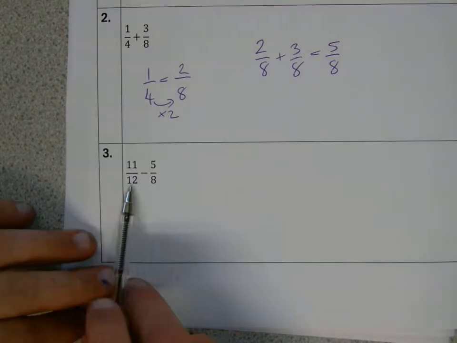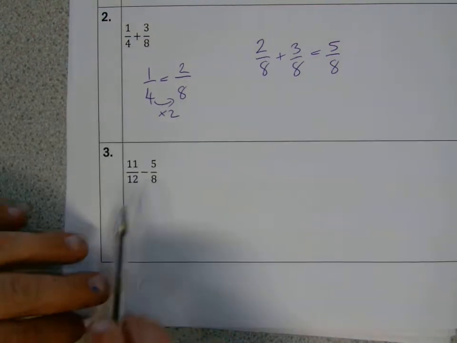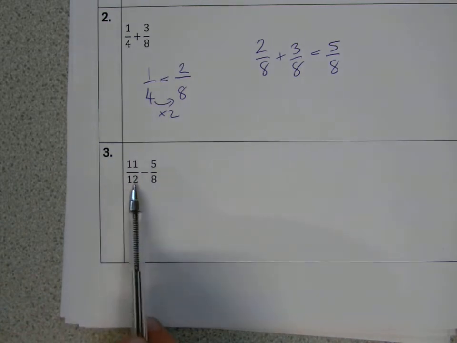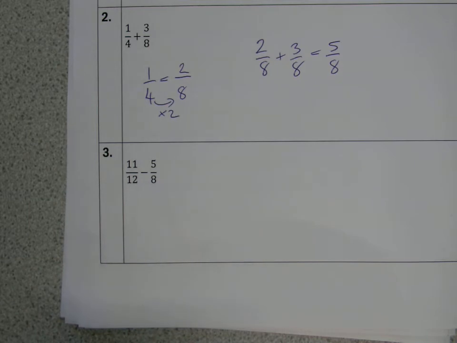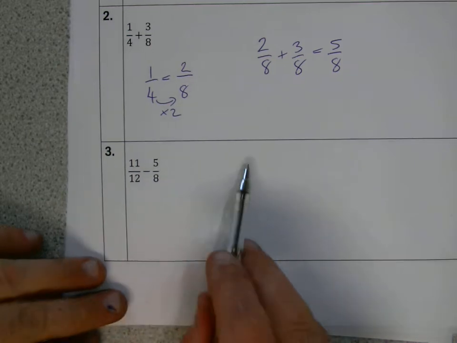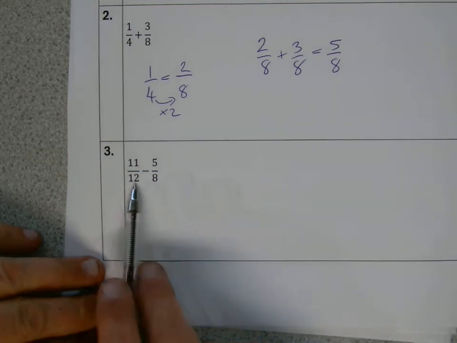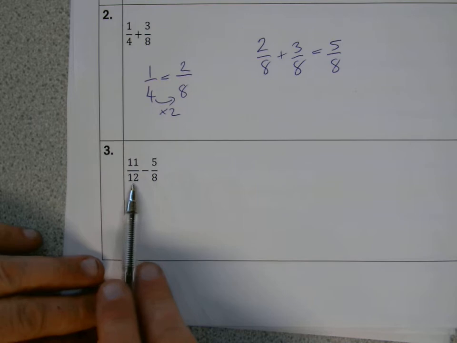So we need to get a common denominator for these two. What we do is we need to think of a number that 12 will go into and 8 also goes into. So we need a common multiple. One way you can do it is to write out the multiples, like the tables of 12.